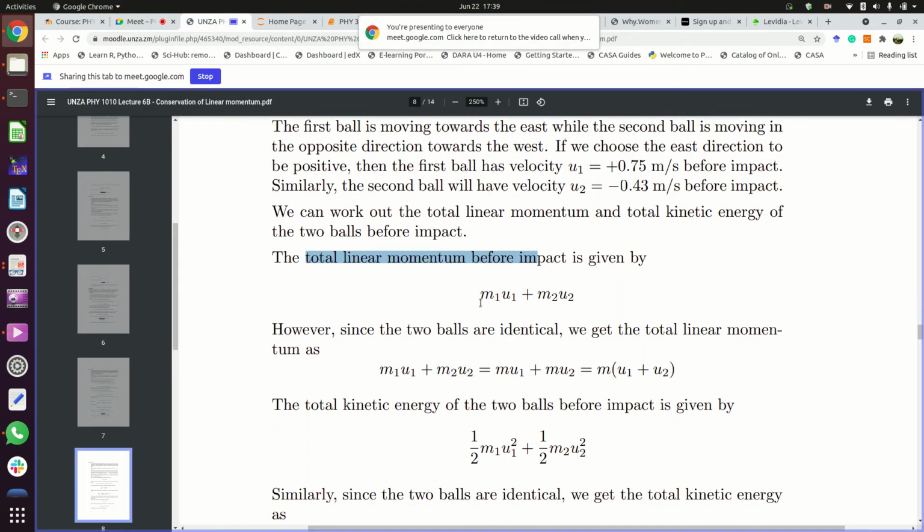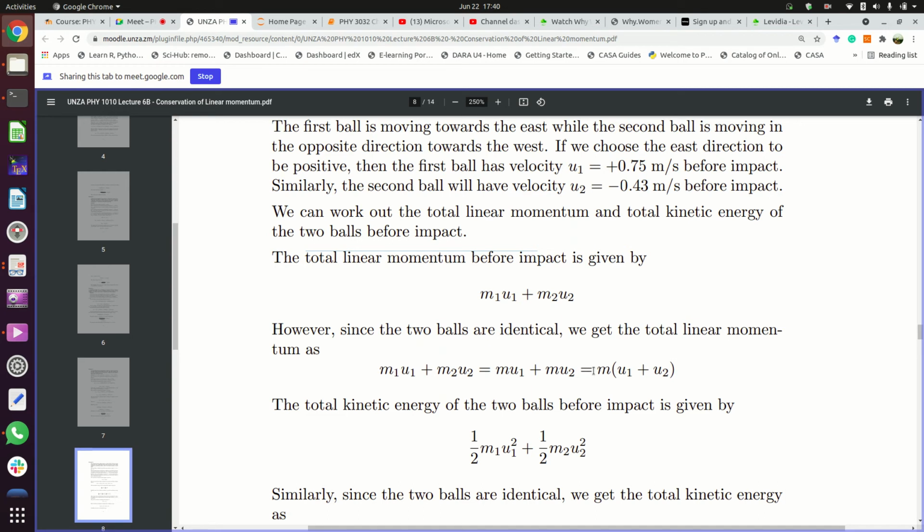That is going to be the mass of the first ball multiplied by the velocity of the first ball before impact, plus the mass of the second ball multiplied by the velocity of the second ball before impact, which is U2. However, like we have said, these balls are identical, so M1 is equal to M2, which is just M. So M1 multiplied by U1 plus M2 multiplied by U2 is just going to be equal to M multiplied by U1 plus M multiplied by U2.